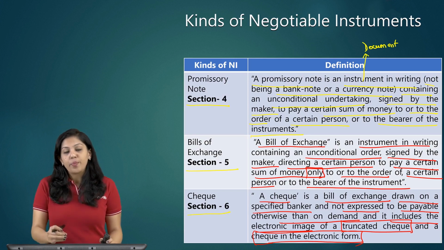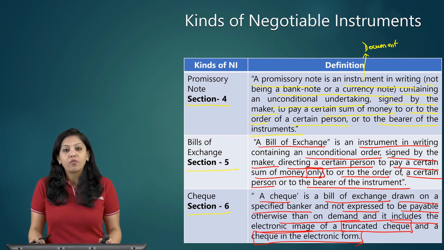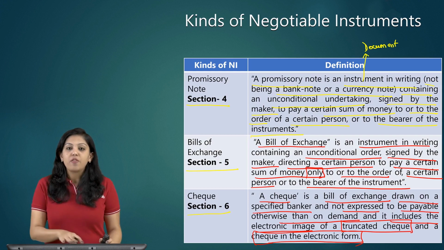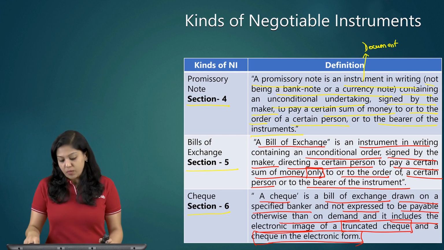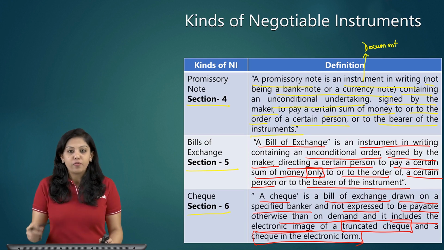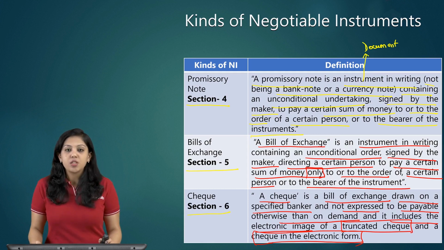So even that copy is included in the definition of check. And what is a check in electronic form? It is just like a physical check, with all the features present in the electronic check. It's just that the drawer has to fill in the information and it should be signed using a digital signature certificate. So this is the meaning of a check.